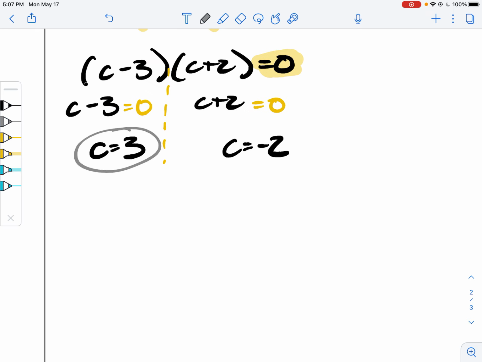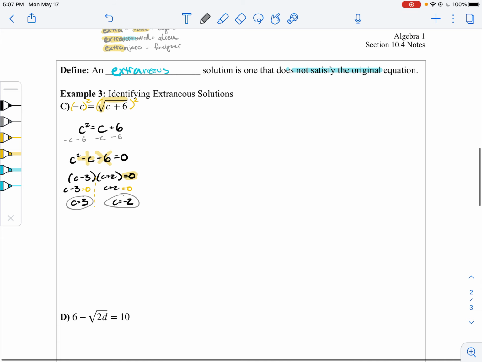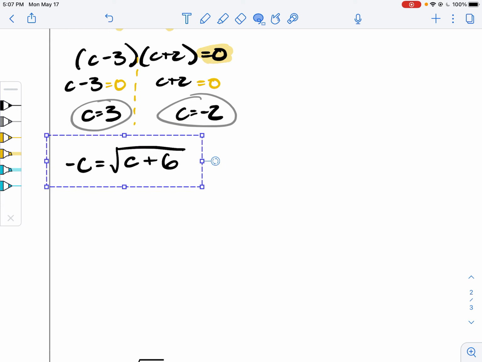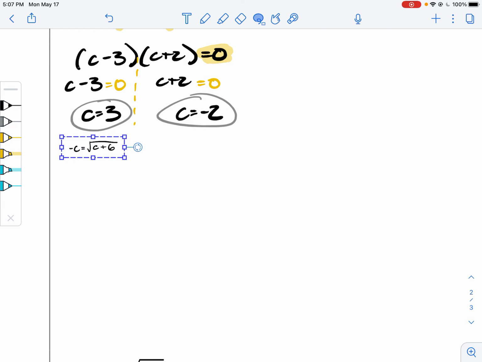So those are our temporary solutions, right? But we have to plug them back into our original equation, which was negative c equals the square root of c plus 6. Now let's try them out.